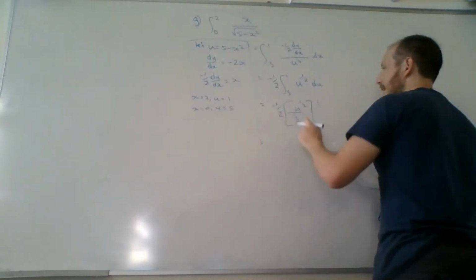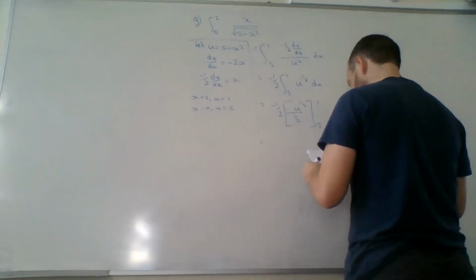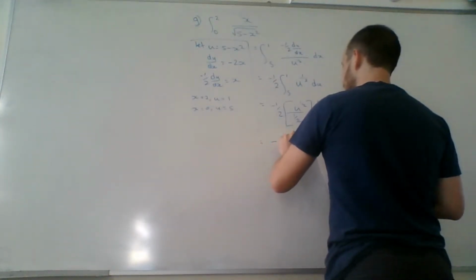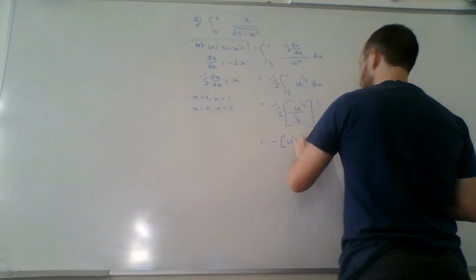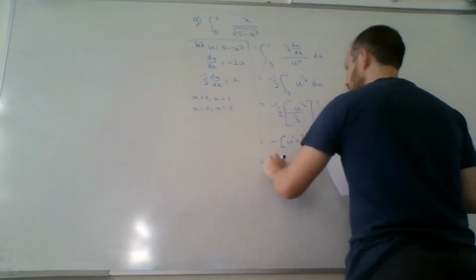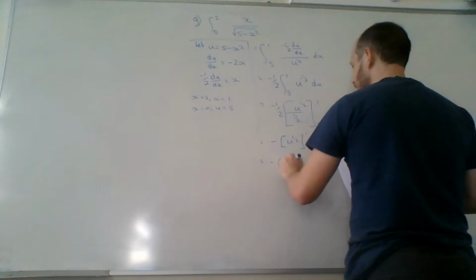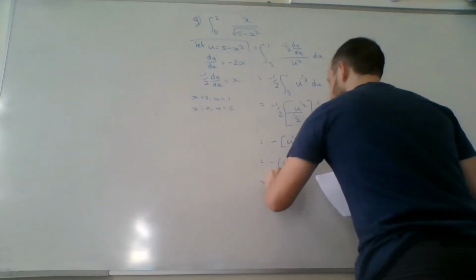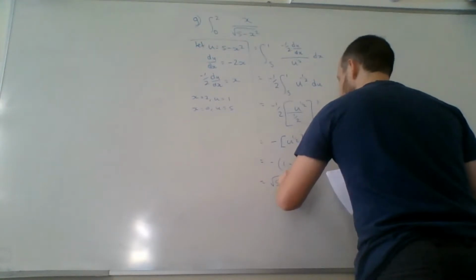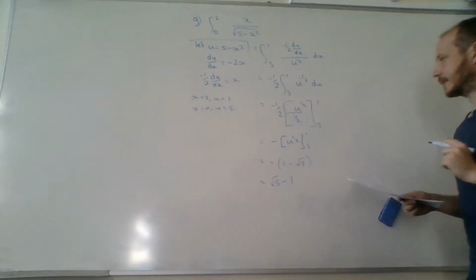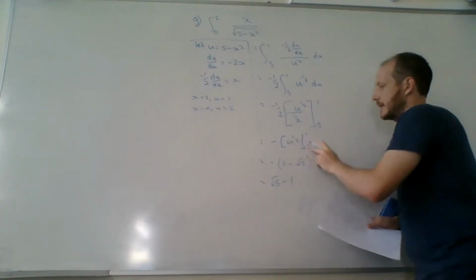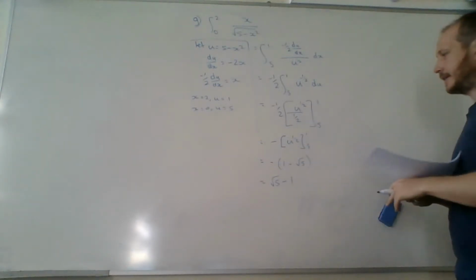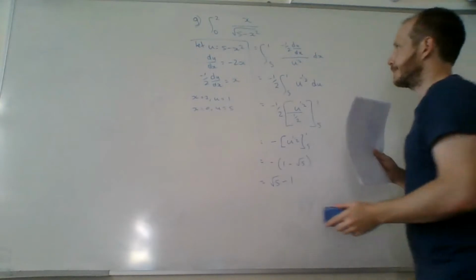Now, these factors will cancel out, so we'll just end up with minus u to the half from 1 to 5. Substitute in our values, so 1 will be 1, and this will be root 5, times by the minus, so we get root 5 minus 1. So substitute the 1 in, substitute the 5 in to get our two values. So we end up with root 5 minus 1.